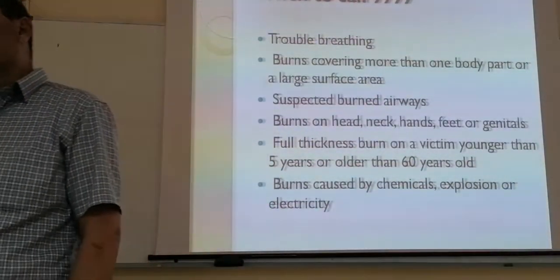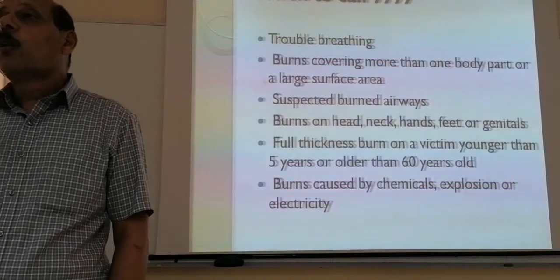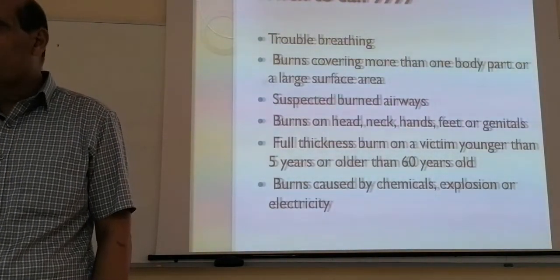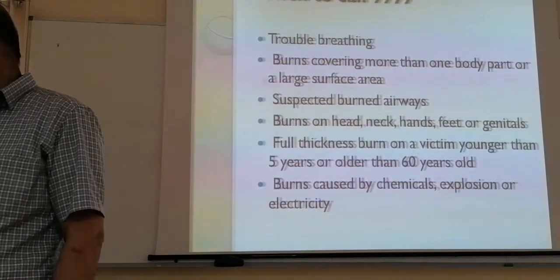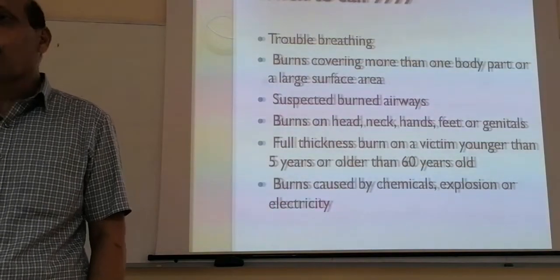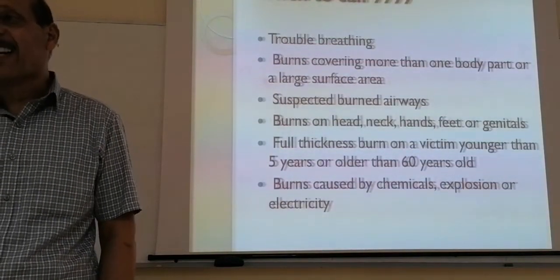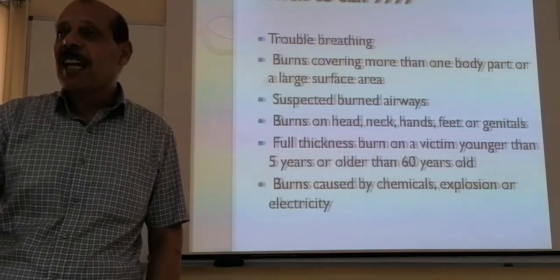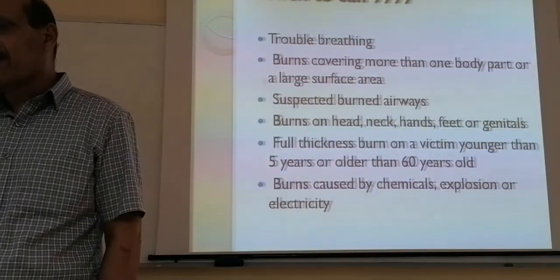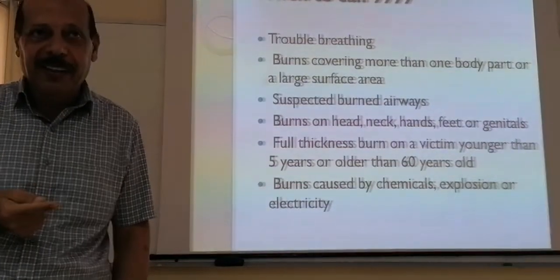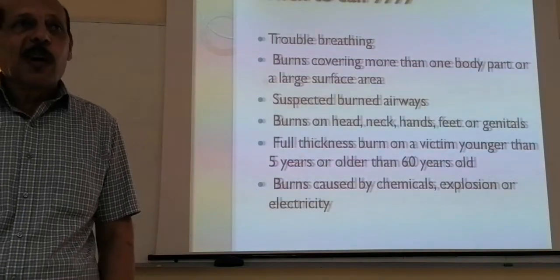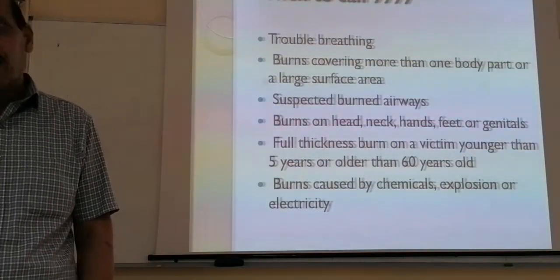For the prevention of electric shock, you have to check at home for any switch or any plugs that have cracks, or any wire that is not insulated well. The electric appliances that you are using, you have to check regularly.